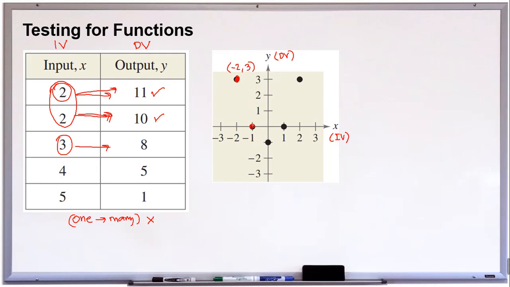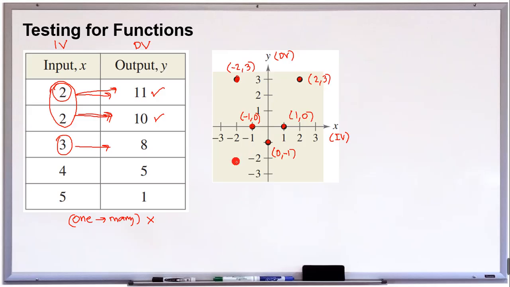For our second point, the coordinates are -1 and 0. Then for our third point, the coordinates are 0 and -1. And for our fourth, we have 1, 0. Then lastly, for our final point, the coordinates are 2 and 3.